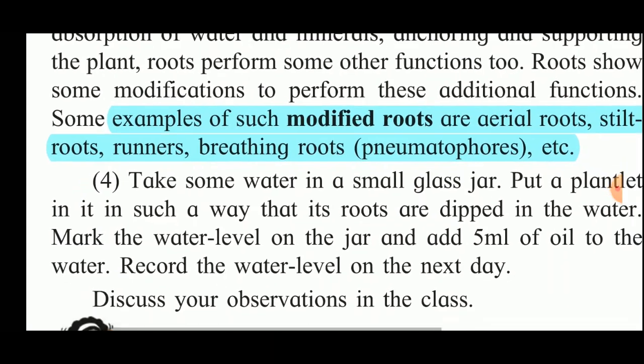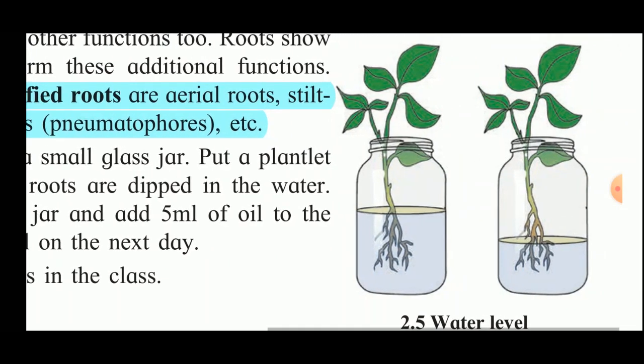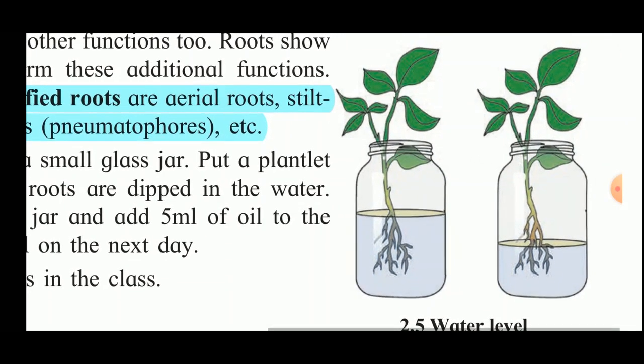Now take some water in a small glass jar. Put a plantlet in such a way that its roots are dipped into the water. Mark the water level in the jar, add 5 milliliters of oil to the water, and record the water level on the next day in your observation. Here, this example is given.